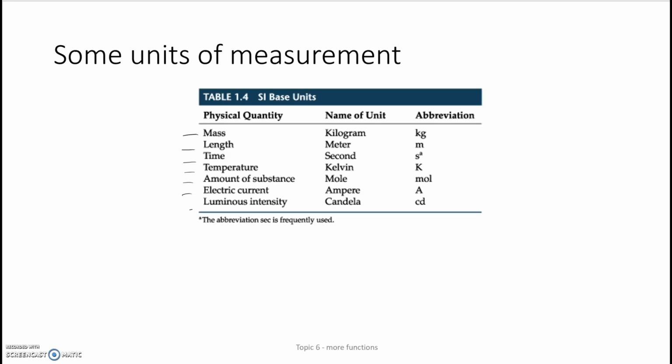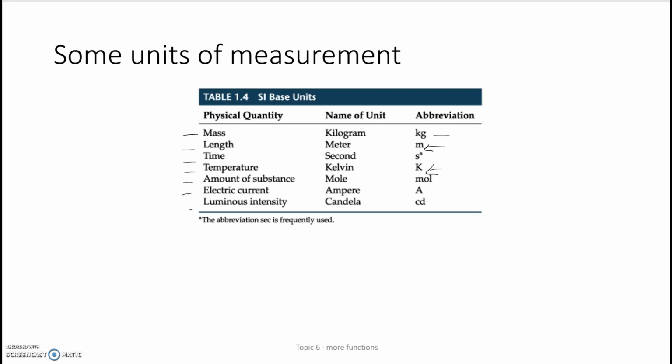Sometimes we do use units that are not part of the SI system. I particularly would talk about centimetres rather than millimetres, but that's because I'm not an engineer and I don't pretend to be an engineer. But if you're going to be an engineer, you need to measure your lengths in metres or parts of metres. You need to talk about temperatures in Kelvin, not Celsius, and kilograms and so on.